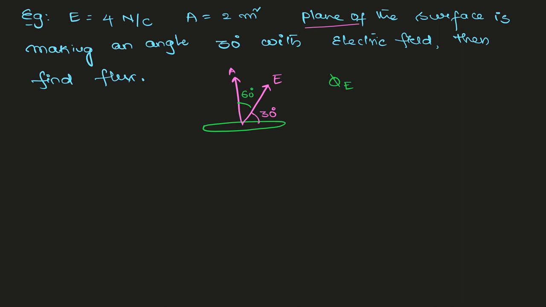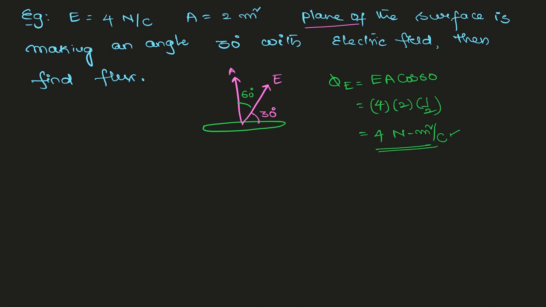So flux will be equal to E A cos 60. Cos 60 is 1 by 2, so 4 into 2 into 1 by 2 equals 4 Newton meter square per Coulomb. This kind of question you can expect.